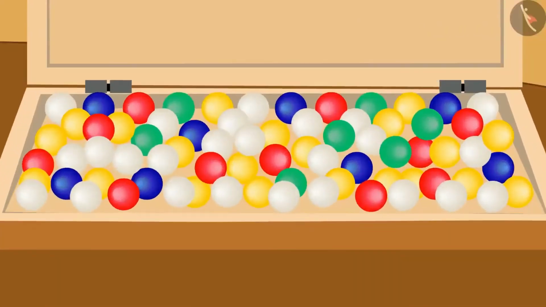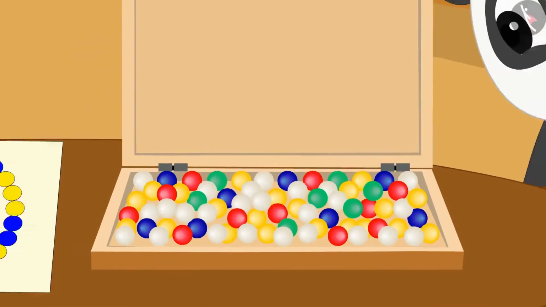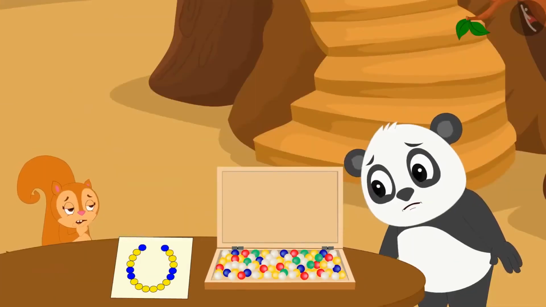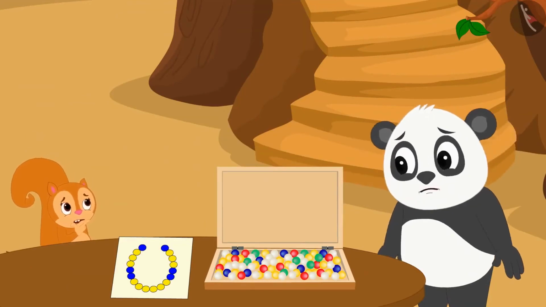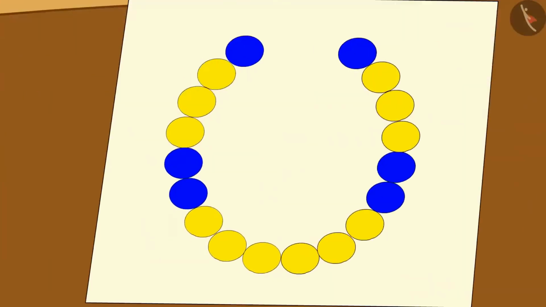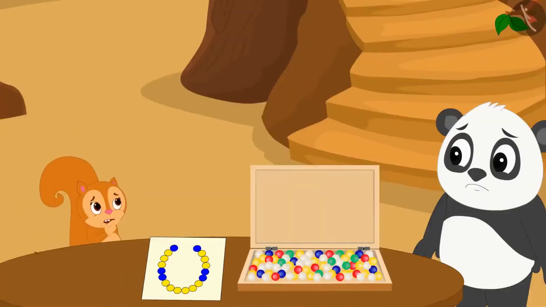But all the beads are scattered. Chanda and Golu are not able to understand whether they have enough blue and yellow beads to make the necklace according to Golu's design or not.